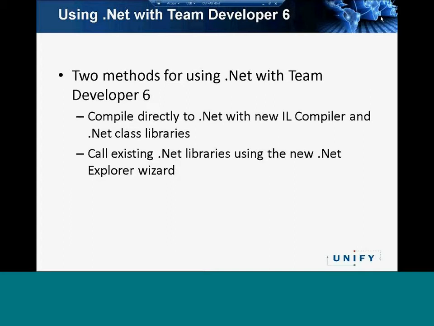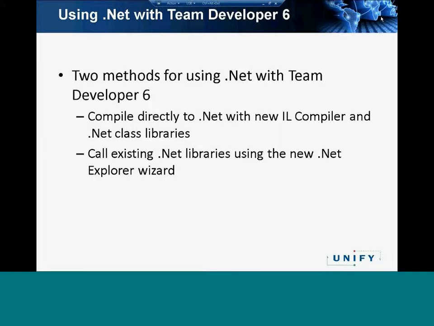So using .NET with Team Developer 6.0, there are two methods for using .NET with this new version of TD. The first method is the one that allows you to compile directly to .NET using the brand new IL compiler and .NET class libraries. The second method is calling existing .NET libraries, existing .NET assemblies, using the new .NET Explorer wizard.